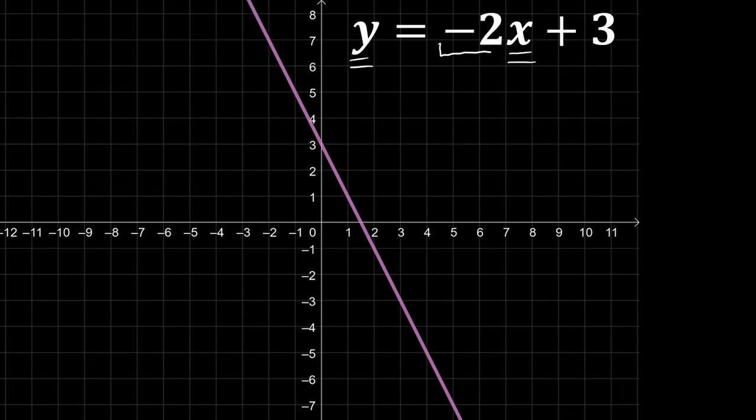Our parameters for a line are the slope parameter and the y-intercept parameter. You can see our y-intercept right here at positive 3, and then our slope is down 2 units, and over a single unit, and we land back on it.